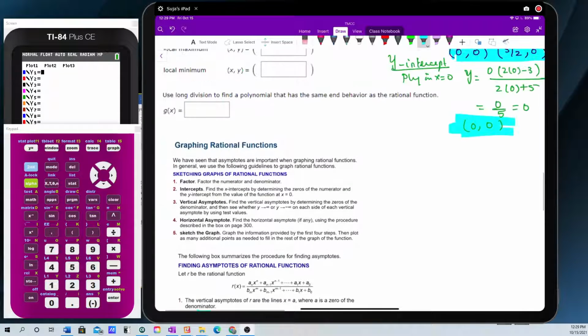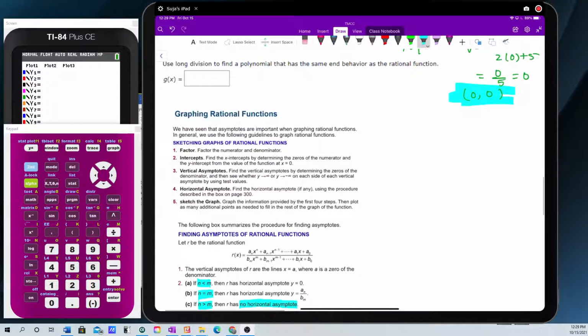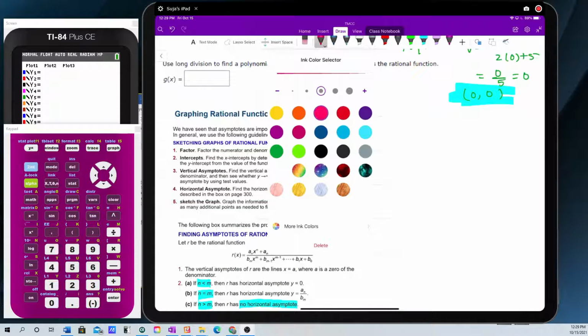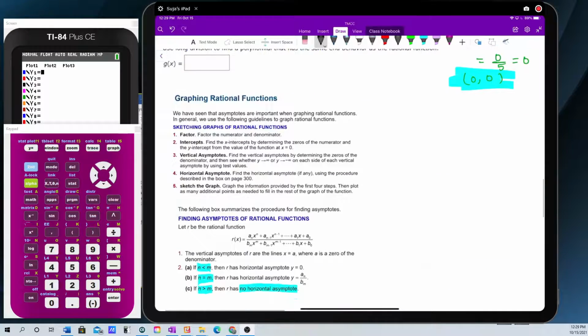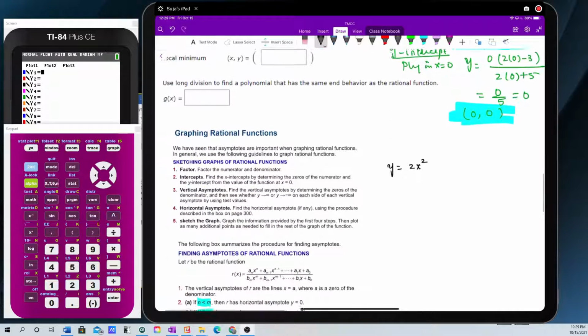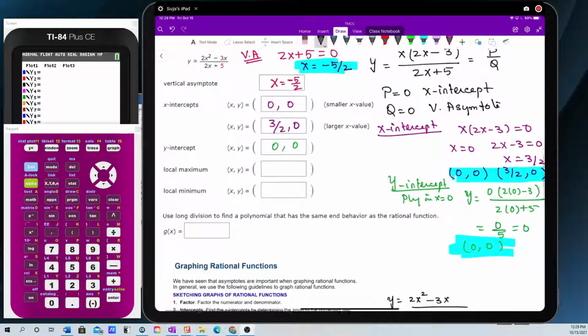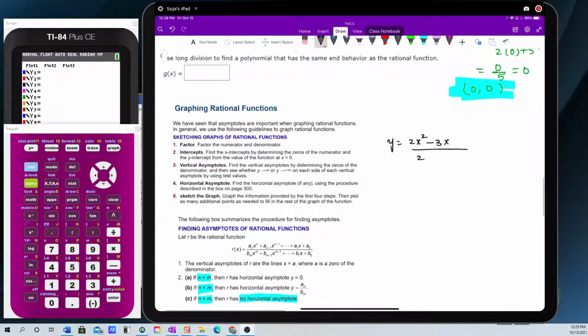If I go back to this problem, let me write the question down here so we can see this. Y is equal to 2x squared minus 3x divided by 2x plus 5. Again, I'll write it in the factored form.